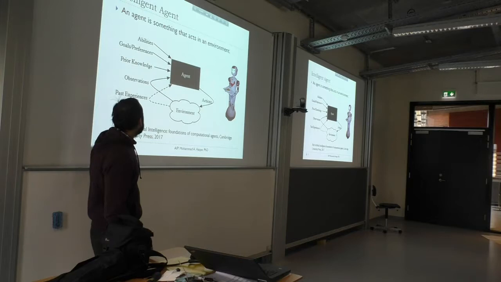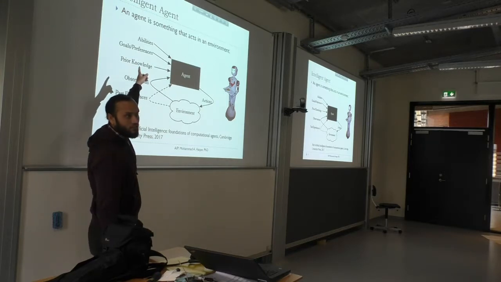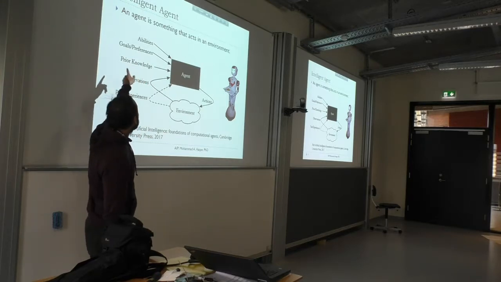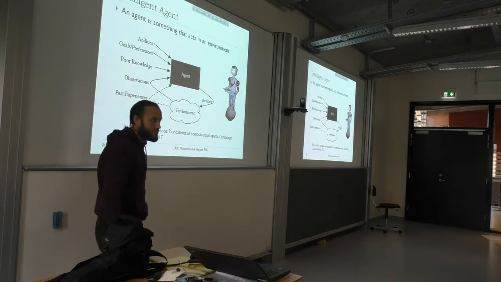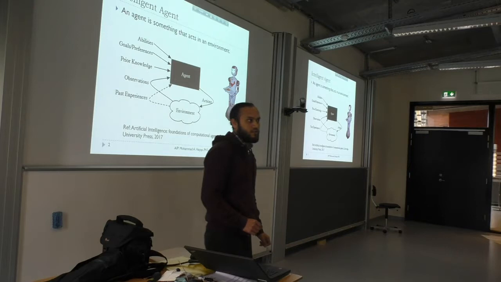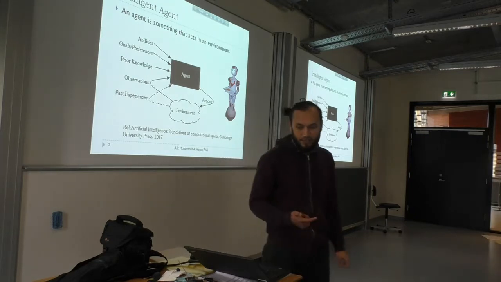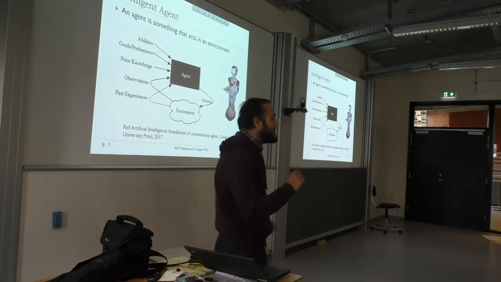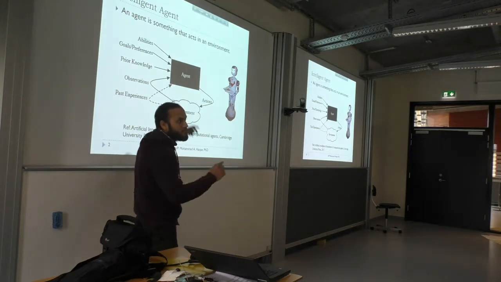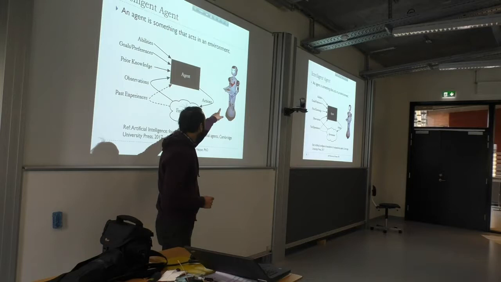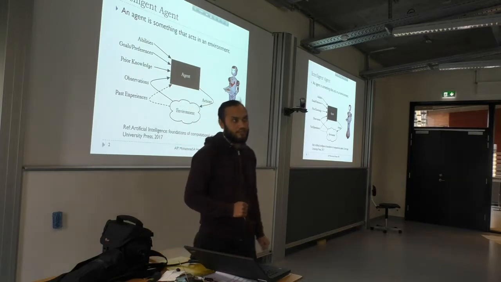So what can be the attributes here? You saw all these things before: abilities, goal and preferences, prior knowledge, observations, past experience. These are the attributes related to an intelligent agent. But these are the names actually. And for all these names you can have some values when you consider this one as your intelligent agent.